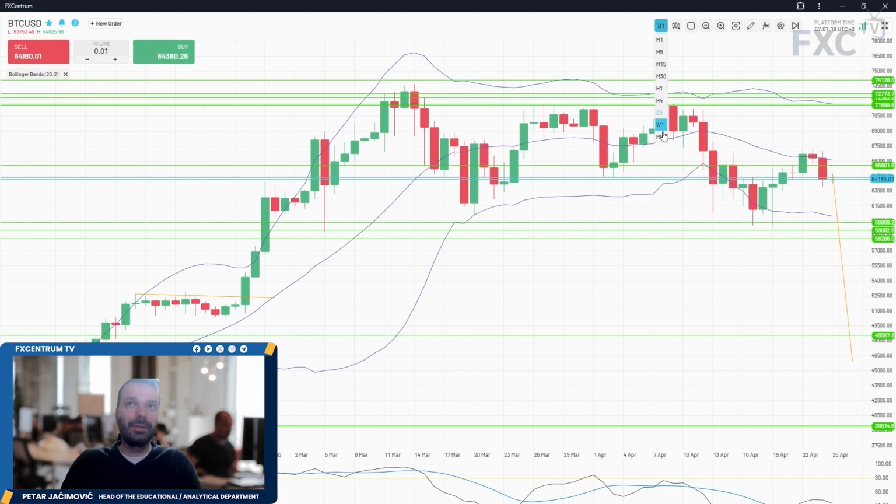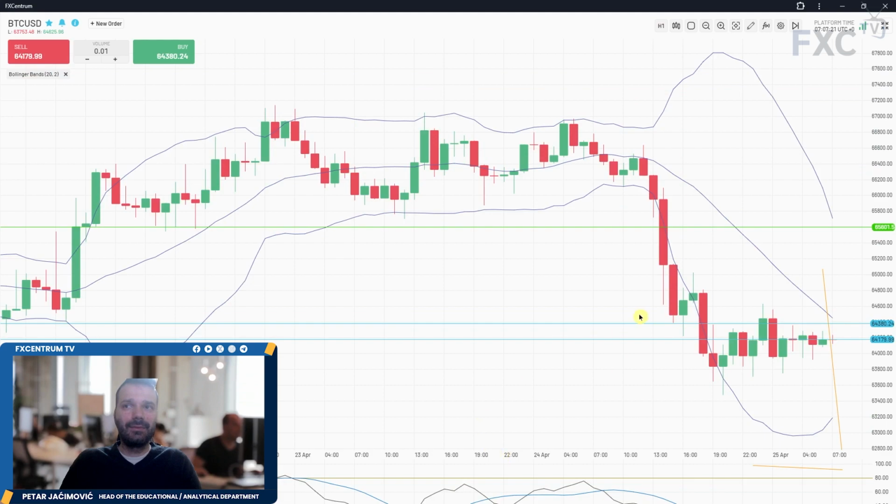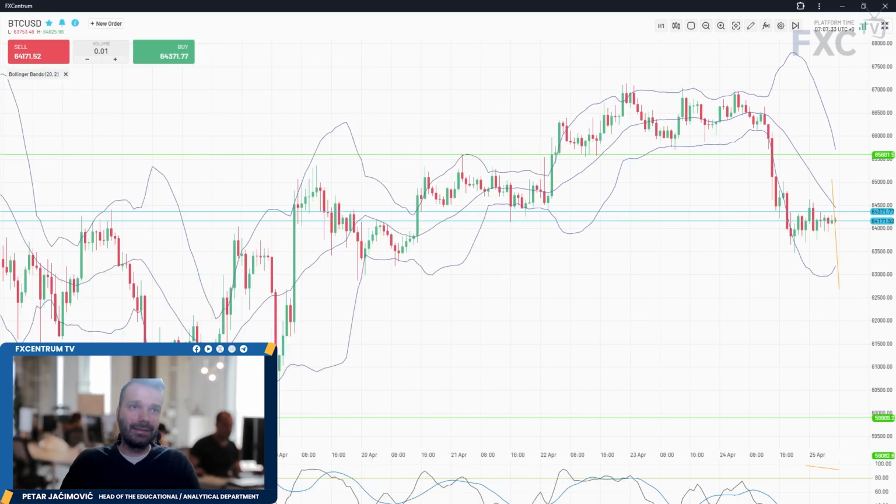What is important here is we go to the hourly time frame. We have a contraction that is starting at this point, and we had a clean downside break yesterday of the lower Bollinger Band. This is not just a test and reject like here.